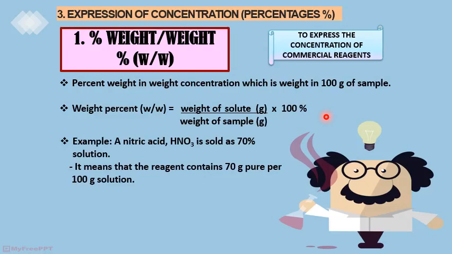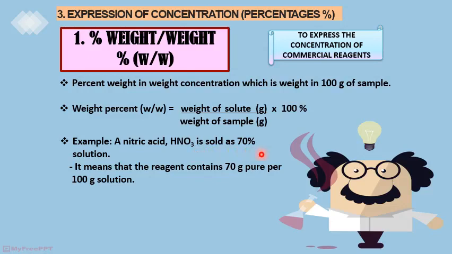For example, nitric acid HNO3 is sold as 70% solution. What does it mean, 70% solution? It means that the reagent contains 70 grams of pure nitric acid per 100 gram solution. According to the formula, percent weight per weight is weight of solute in gram over weight of sample in gram.